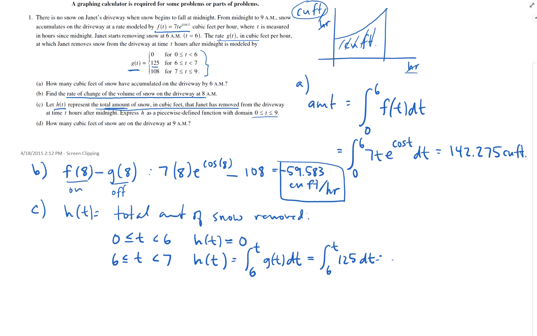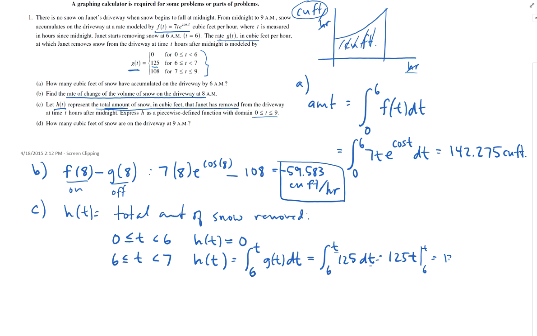And so if I go ahead and do that integral, that's going to be 125 t. Now this is maybe bad notation, but we're going to go with it because I have a t here and a t here. I probably should use a different variable like x from 6 to t.